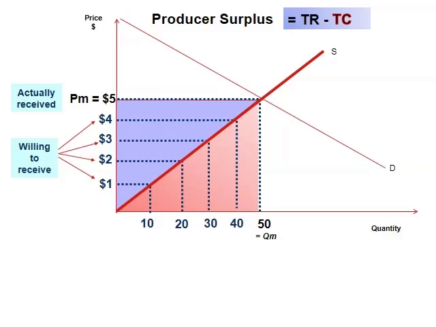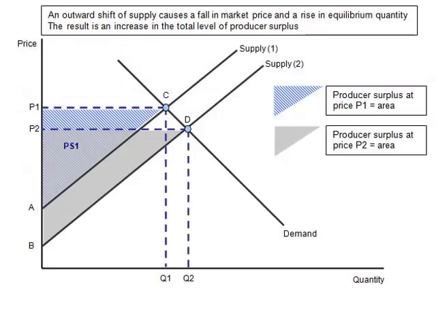So here we can see the purple or indigo triangle representing consumer surplus, and the red area underneath the supply curve representing total cost. Again, a little bit more analysis. If supply increases, how does that affect producer surplus?